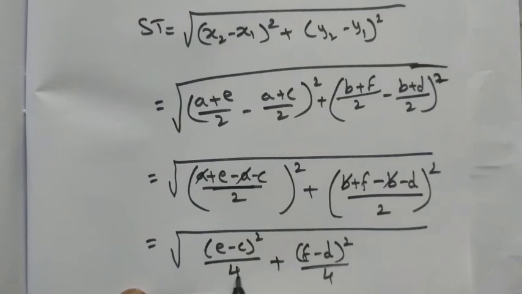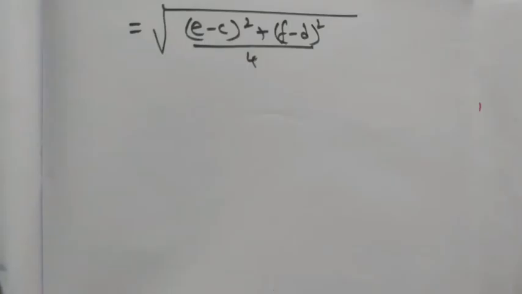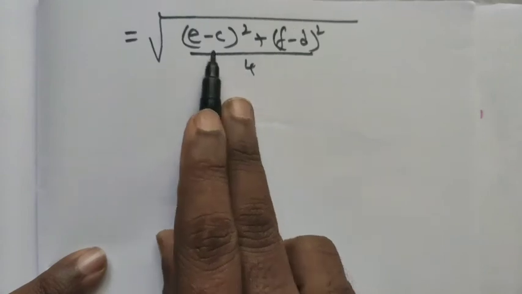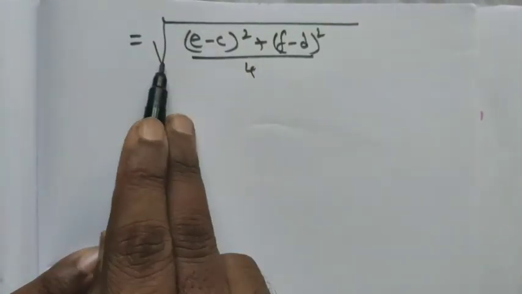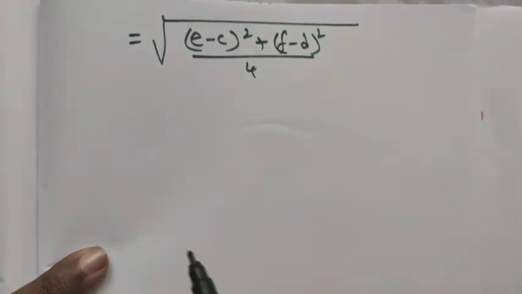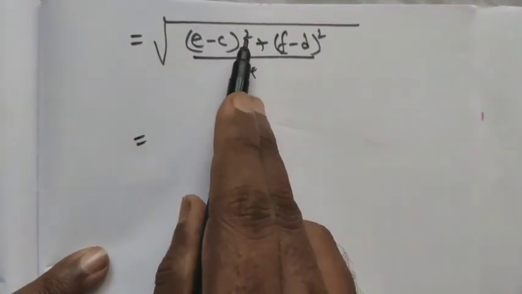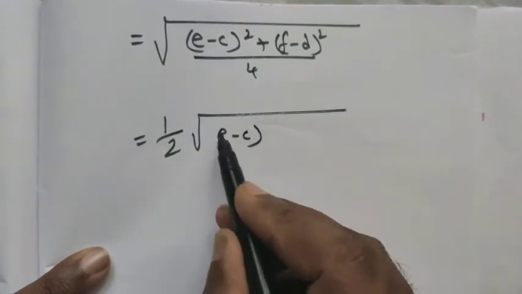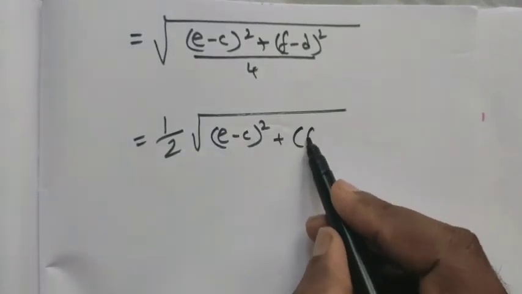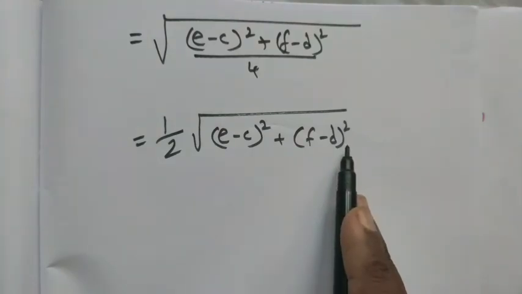So both have the denominator 4, and I take 4 commonly outside, which comes out of the root. The root of 4 is 2. So in the denominator we have 1 by 2 times the root of (E minus C) whole square plus (F minus D) whole square.